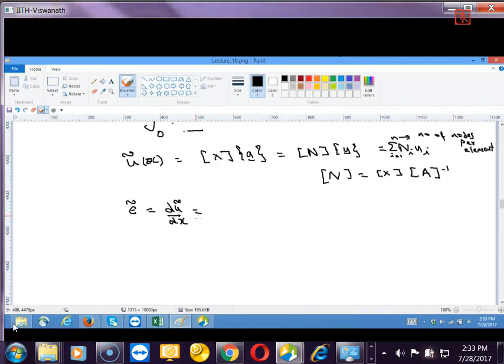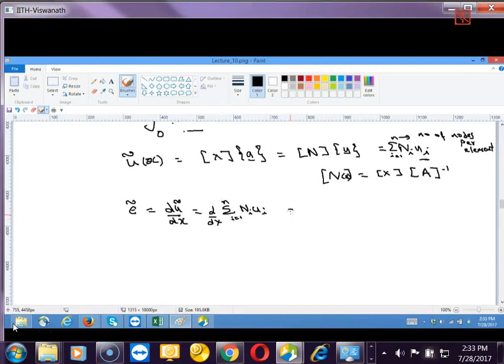Now, if I take this and put it back here, since Ni's are functions of x, and ui's are nothing but simple arbitrary constants, I can write it as summation d by dx, i equals 1 to n, Ni ui.